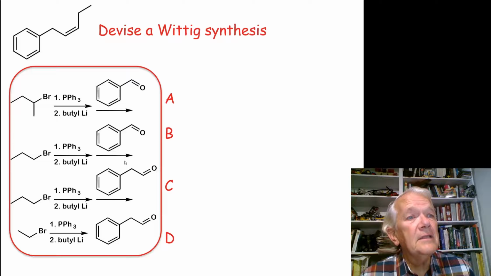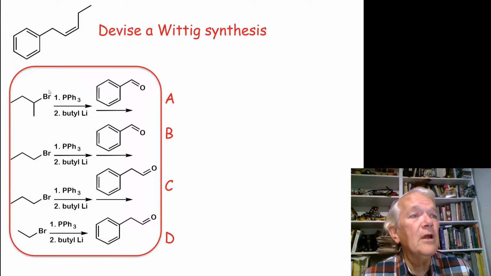So we have to account for the methylene in there. These two lack those methylenes, so it has to be C or D. Then let's count from the other side, and we have 1, 2 carbons, and then this has to be a third carbon, which would of course be attached to the phosphorus in the ylide.